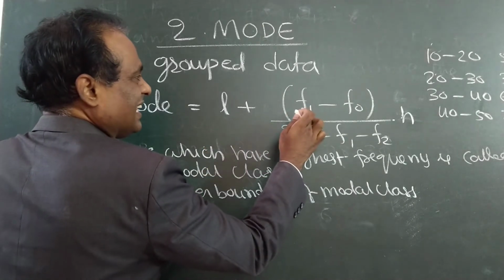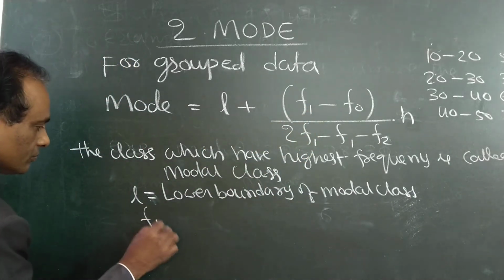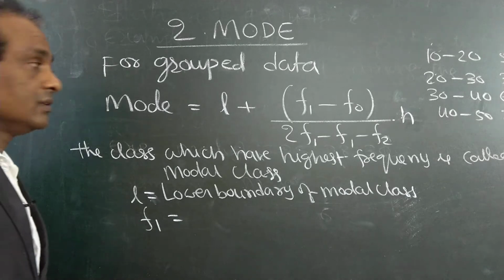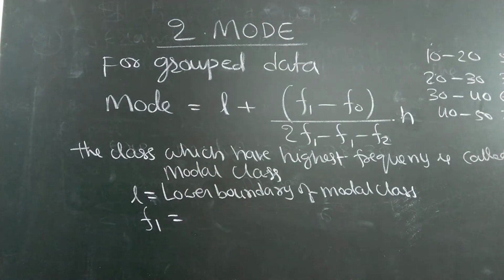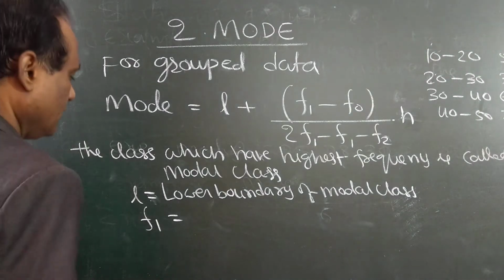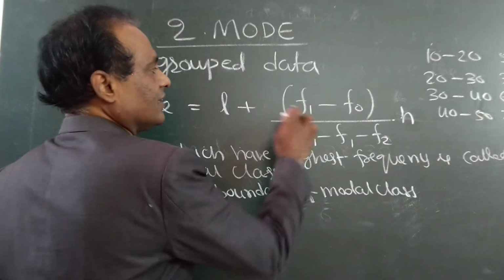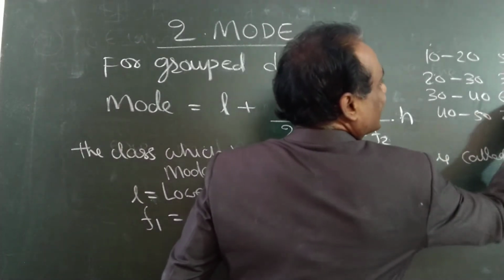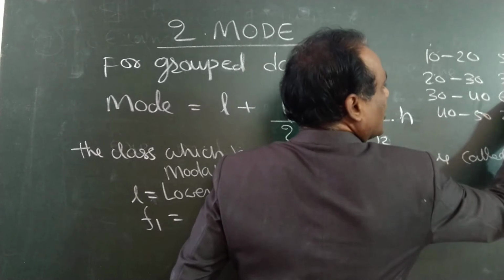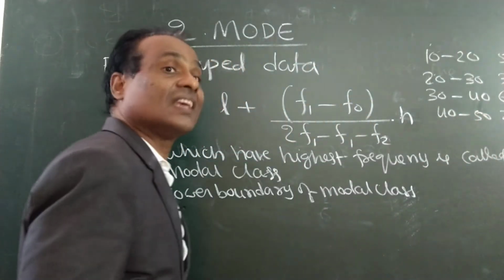Next, F1. F1 is the frequency of the modal class. That is 6.